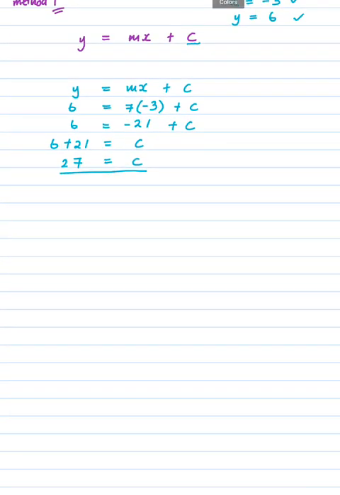Now that c is equal to 27, we go back to find the equation. We use y is equal to mx plus c. Our m was 7 and c is 27. So y is equal to 7x plus 27.